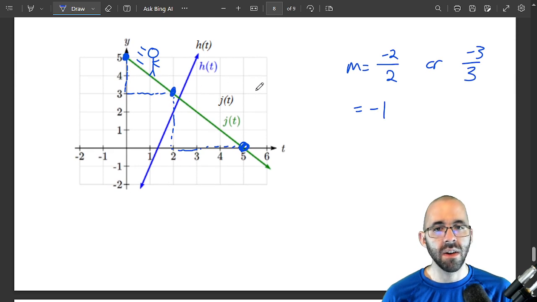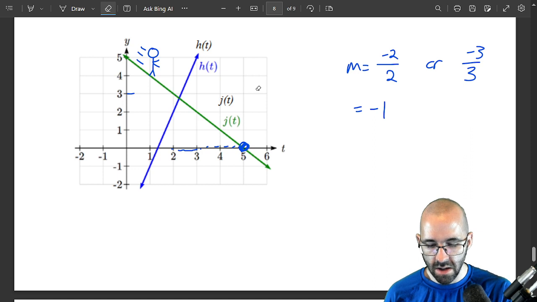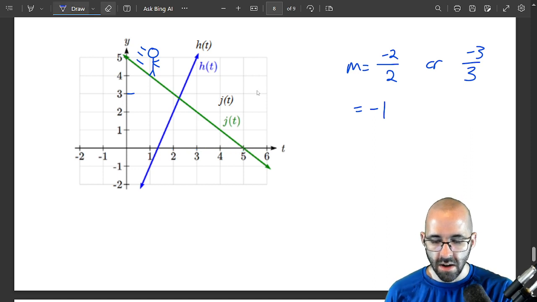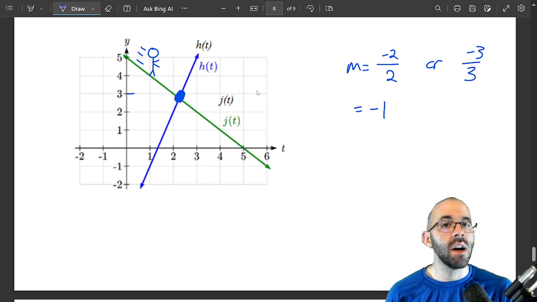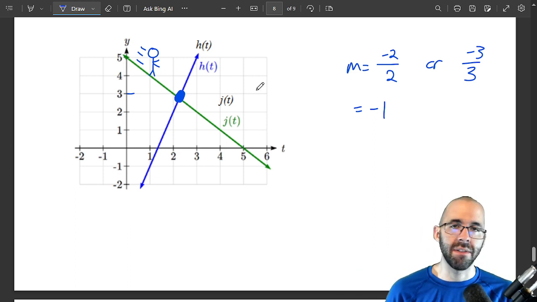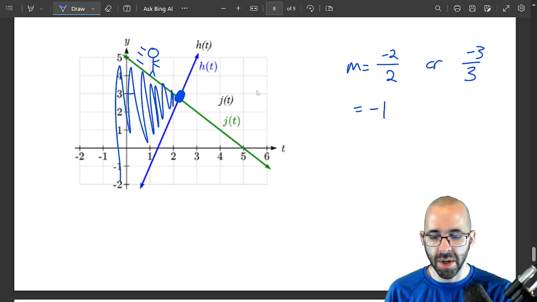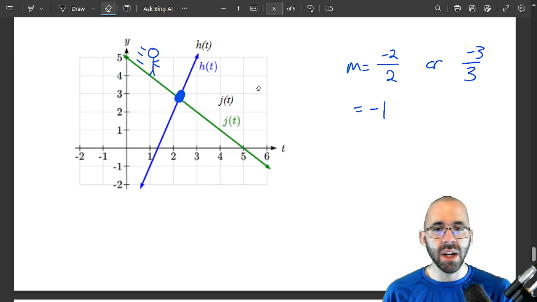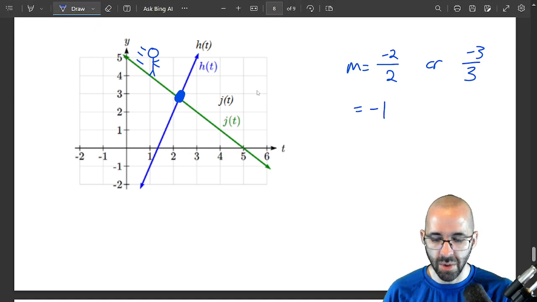Let's look at the graph now. I'm going to make things a little clearer for you to look at. Here's what I mean. To the left of this point, j is bigger. To the right of this point, h is bigger. Everywhere to the left, j is bigger. And it can only switch who's bigger if they intersect for continuous functions, which is what we're dealing with.